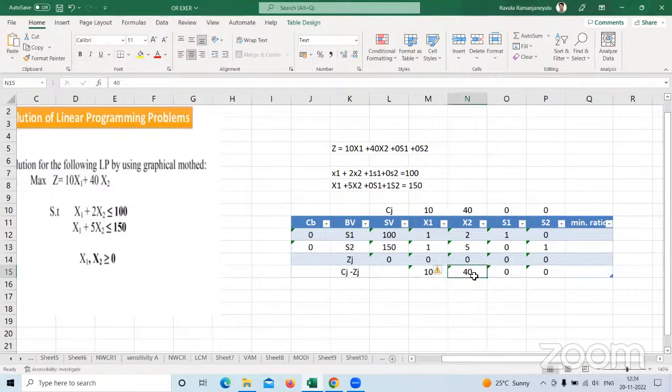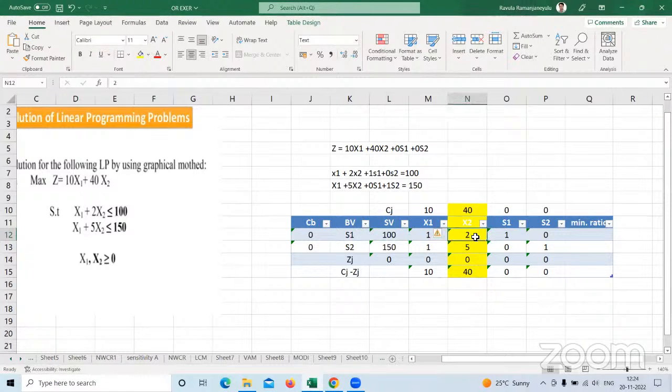So the highest positive value is this one, right? 40 is the highest among 10, 40, 0, 0. So the highest positive is 40, and this column is considered as the key column. Any doubt? No, sir. So in Cj minus Zj, the column with the highest positive value is considered as the key column. We take these key column coefficients, and the solution values of the two equations are divided by the key column elements.